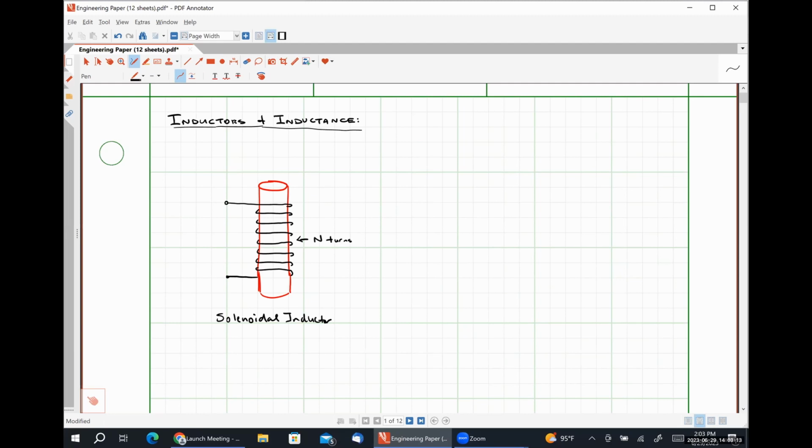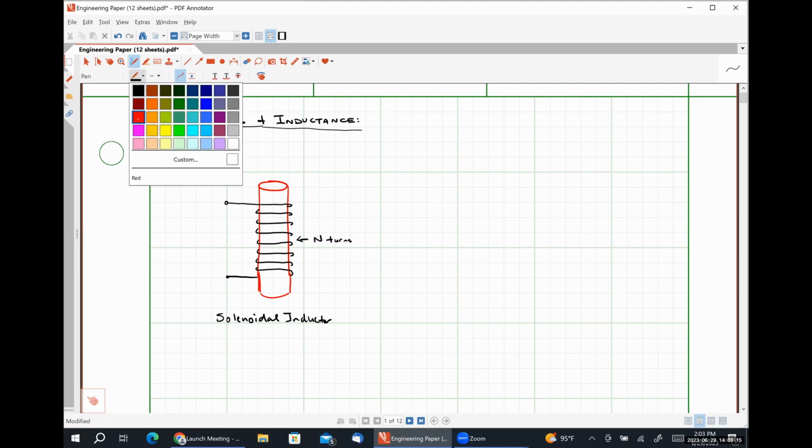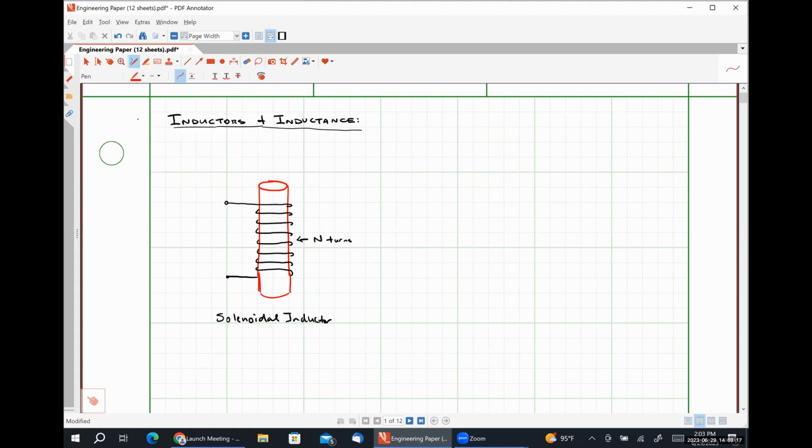inductance. And I'm going to attempt to draw another shape here, and I'm going to pre-apologize for how bad my drawing skills are. What I'm trying to draw here is a toroid, or a donut shape.